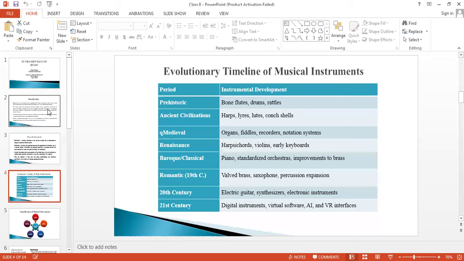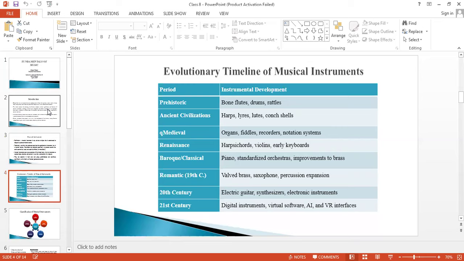We have the evolutionary timeline of musical instruments. It follows some periods, from the prehistoric era to the 21st century. From the prehistoric era, we have bone flutes, drums, and rattles. In the ancient civilizations, we have the development of instruments like the harp, the lyre, and lutes.